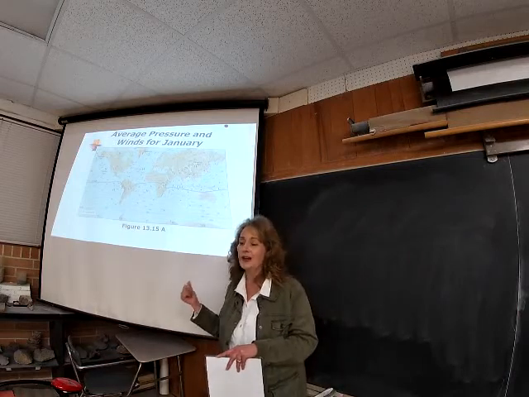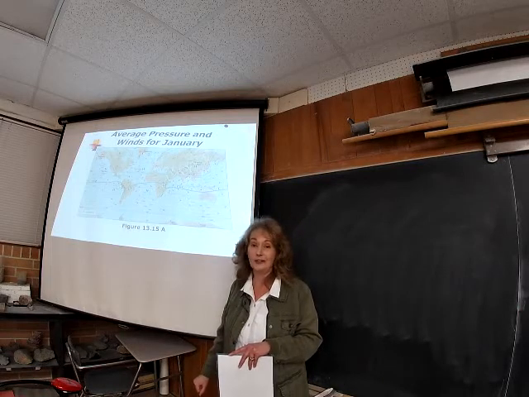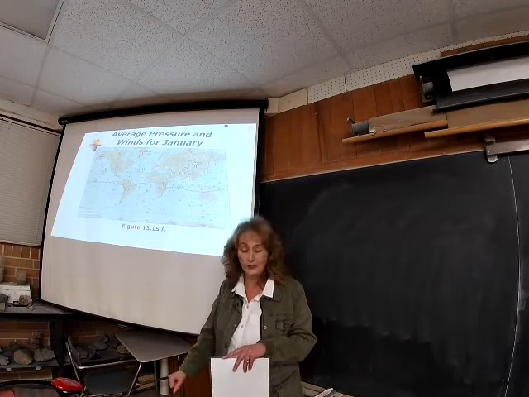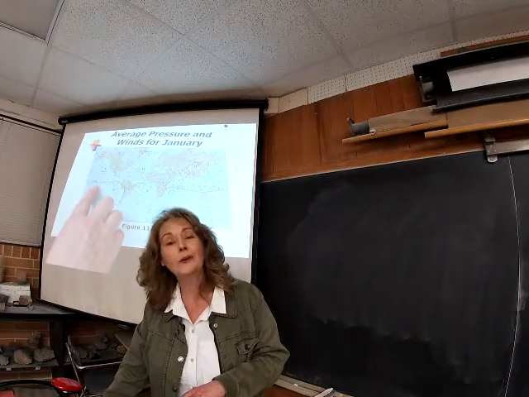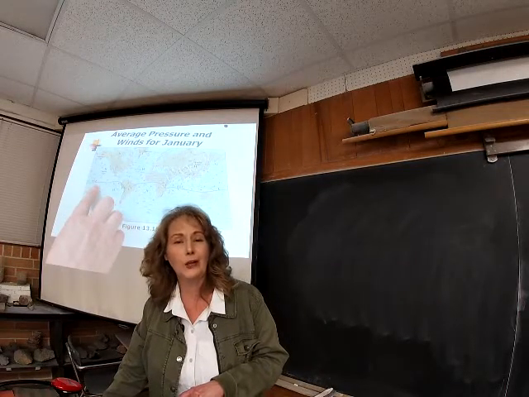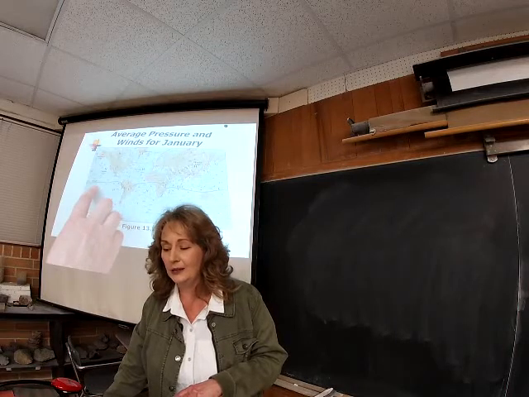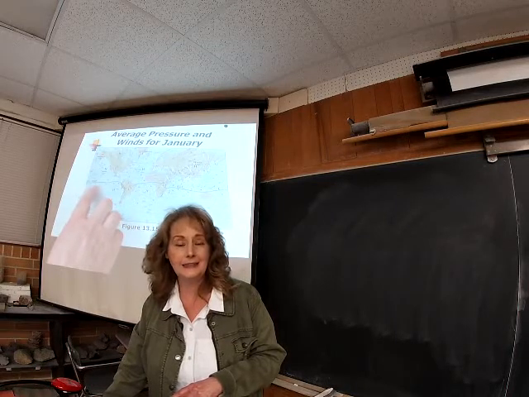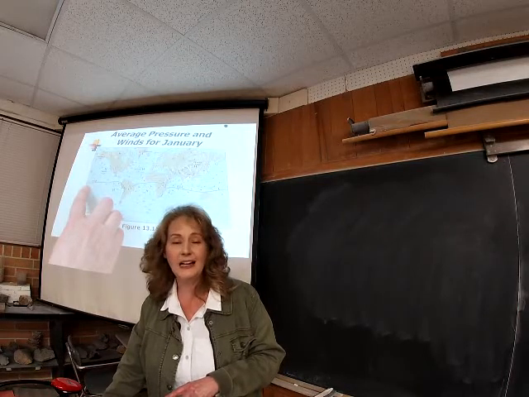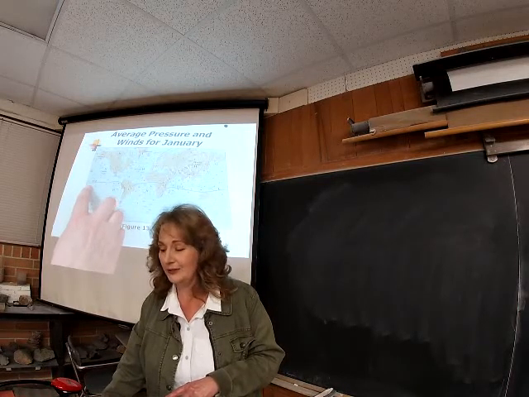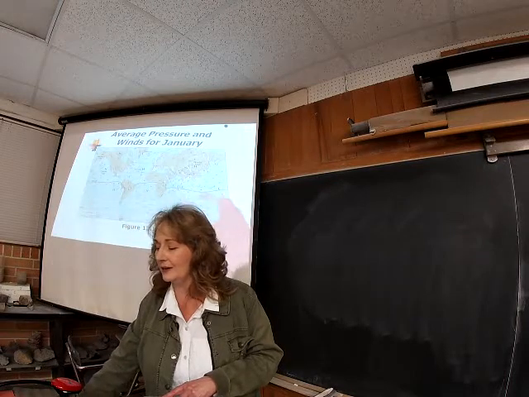And so let's look at the pressure and the wind directions for a January scenario. Here's your intertropical convergence zone. That's the equatorial low, the ITCZ, intertropical convergence zone, they say. That's about the equator, so 0 degrees latitude all along here.